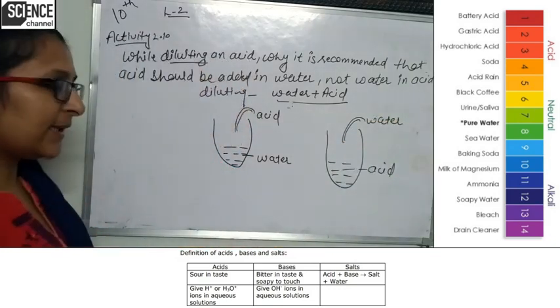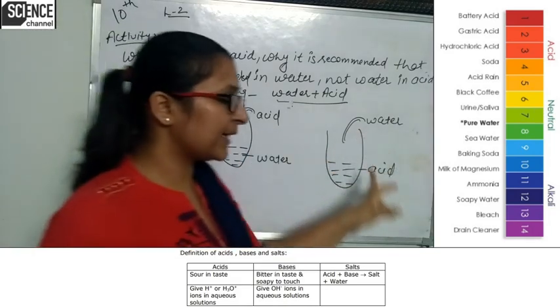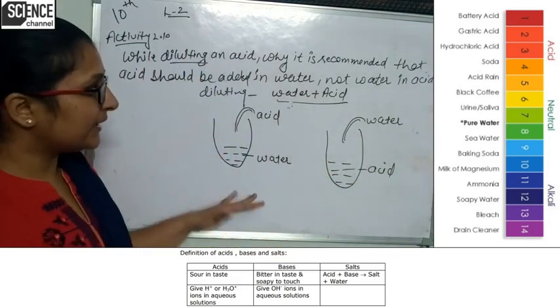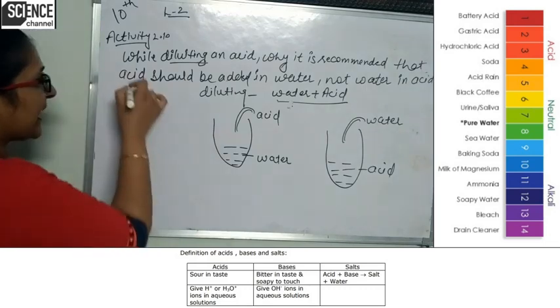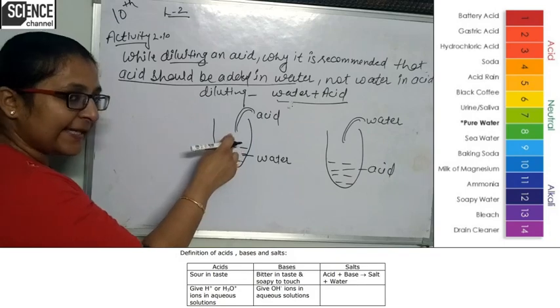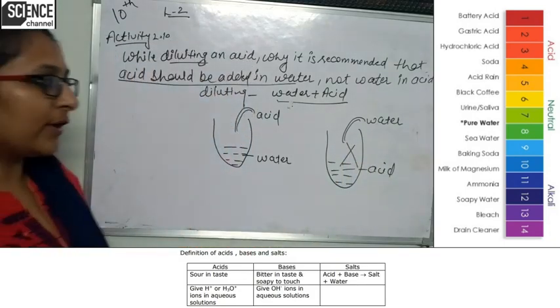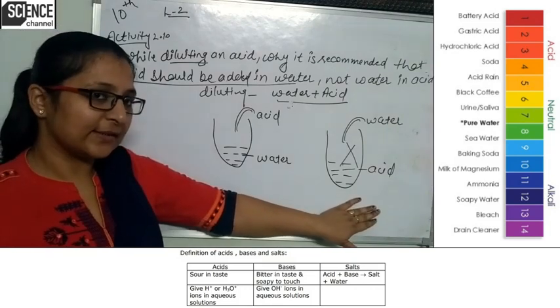Two possibilities are there: either we add the acid to the water or the water to the acid. But while diluting, we should always add acid to water, not water to acid.